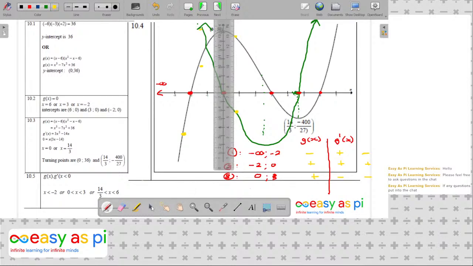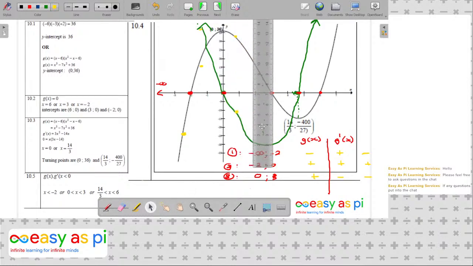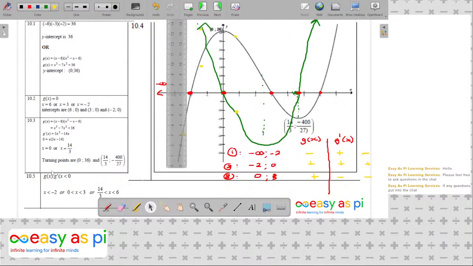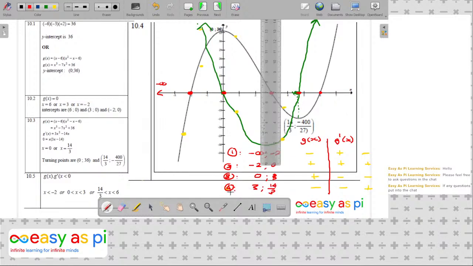Then I'm going to go to the next area of interest, which is going to be between 3 and 14 over 3. And that's going to be my next region. I'm going to write that in red. So it's going to be from 14 over 3 all the way to 6. Right?